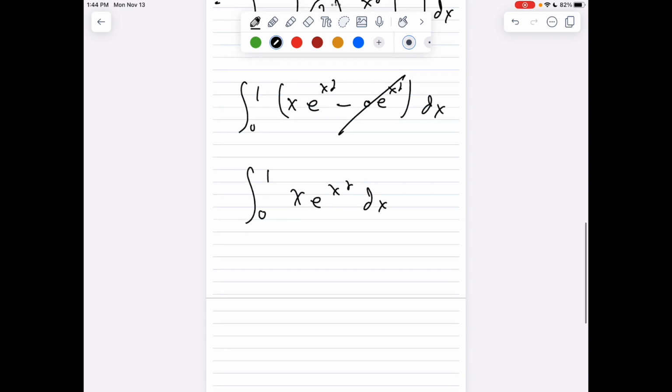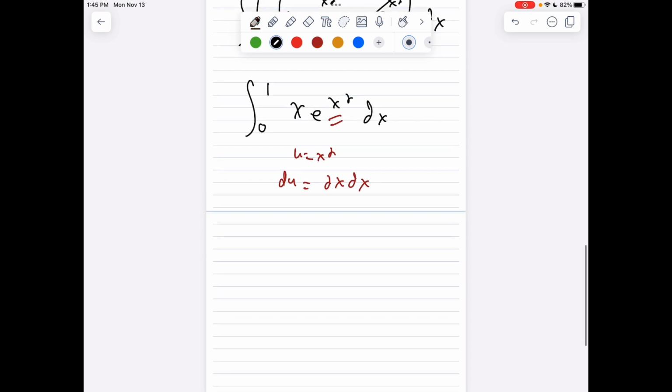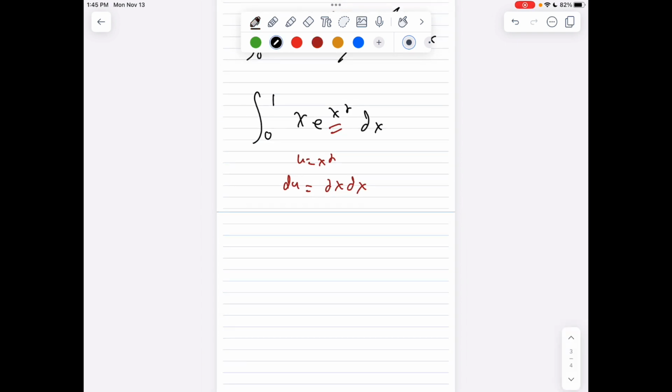Okay. And if you integrated this, you'd have to use a u substitution. You let u equal x squared, and your du would be 2x dx. Now, if you wanted to work on this yourself, sorry, I should have said stop the video from there. And then when you rewrite this, it becomes the integral from 0 to 1 of e to the u times 1/2 du.